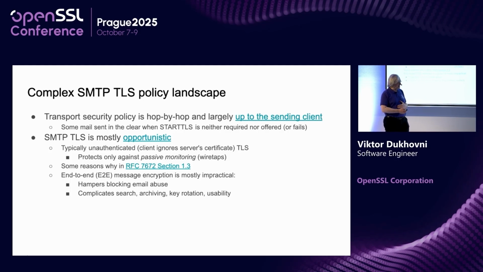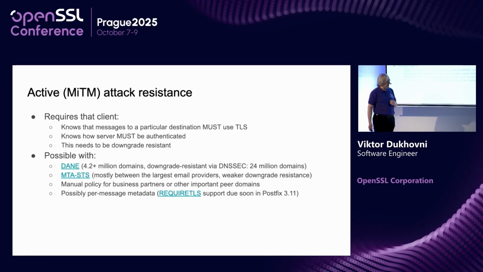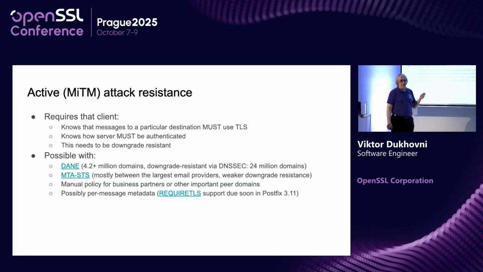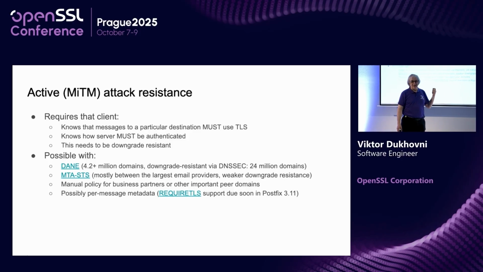So SMTP is opportunistic, and you can read all about why in horrible details. But you might think that TLS in email is always weak, but it's not always weak because there are two competing technologies for making email security actually robust. One of them is DANE, that I talked about yesterday. Some of you may have gone to my talk.